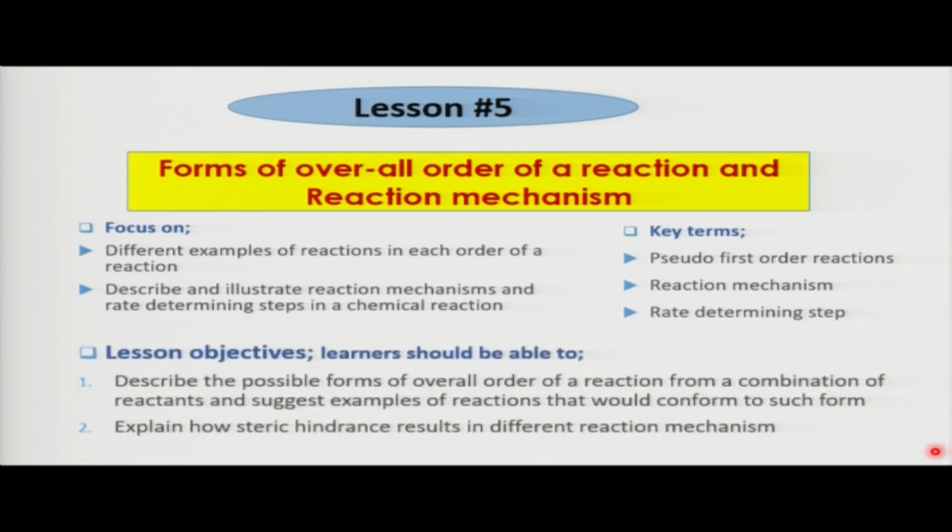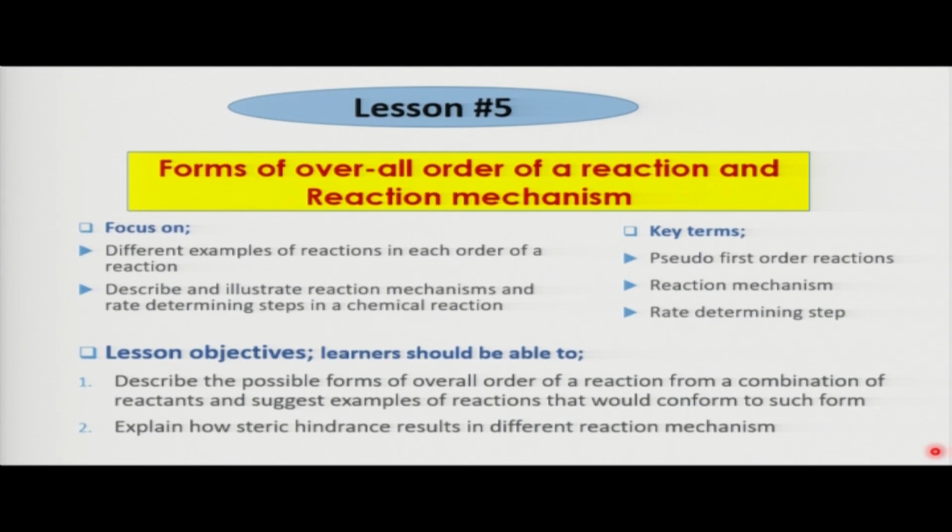And the objectives are for you to describe the possible forms an overall order may take and give a few examples in each case. As I said, if you have 2, it can take 1 and 1, or it can take 0 and 2. So in each case, can we suggest a few examples?